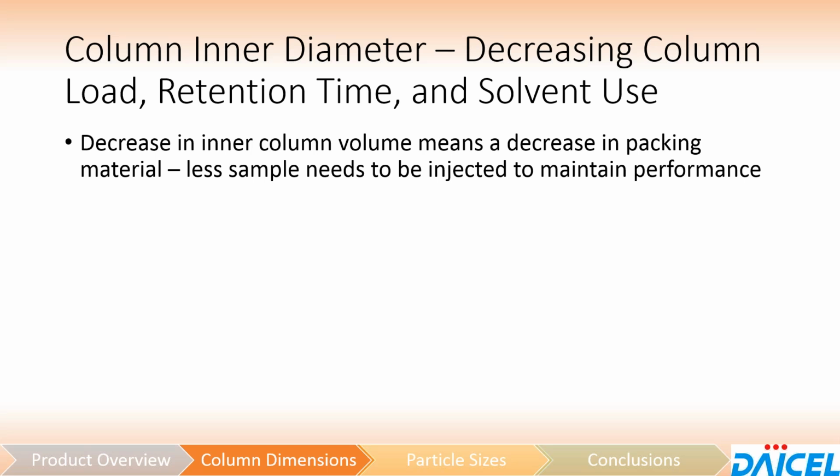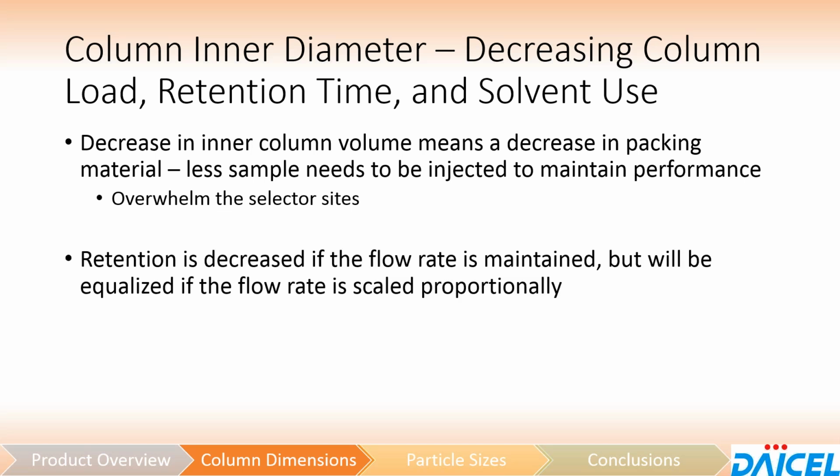And because there's less packing material, it's easier to overwhelm the selector sites. So you need to inject less sample, which can be helpful, obviously, if you are trying to conserve a valuable, precious sample. Less sample is needed, either a smaller injection volume or a lower concentration, in order to maintain the performance.